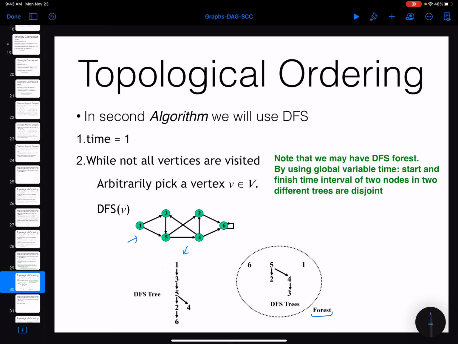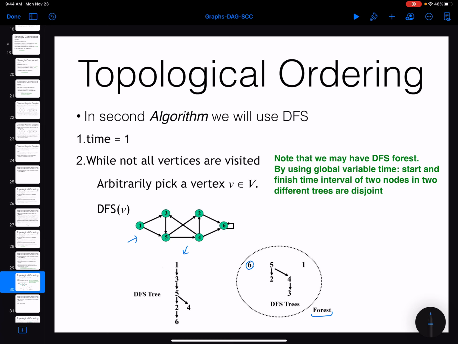Or if I start, for example, from a different node, like 6, you can see that 6 only has one edge going from 6 to itself. So 6 only can visit itself, that's it. So this is going to be one tree, just with one node. And then if you run the DFS again over one of the nodes which is not visited, like 5, then from 5 you can visit 2, 4, and 3.